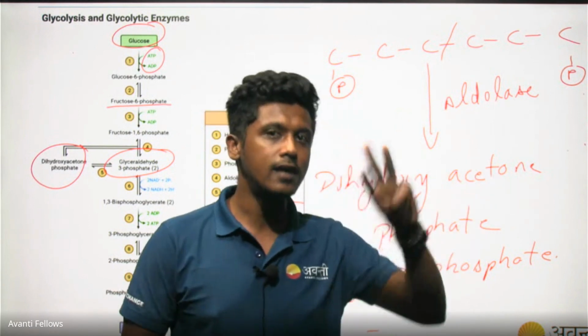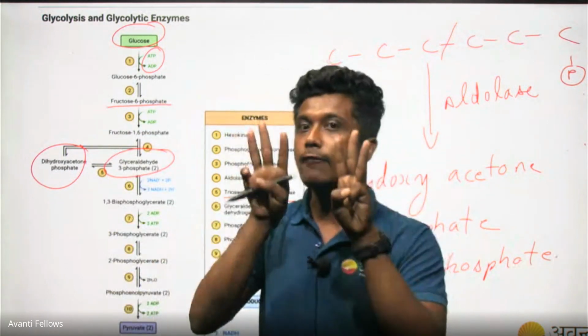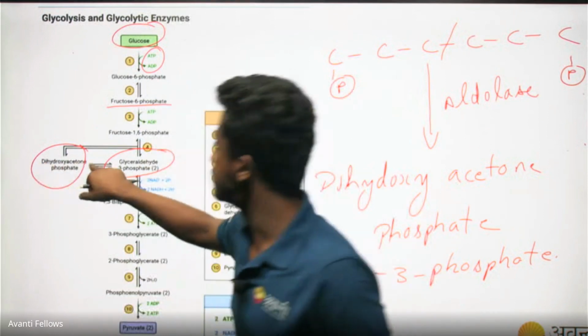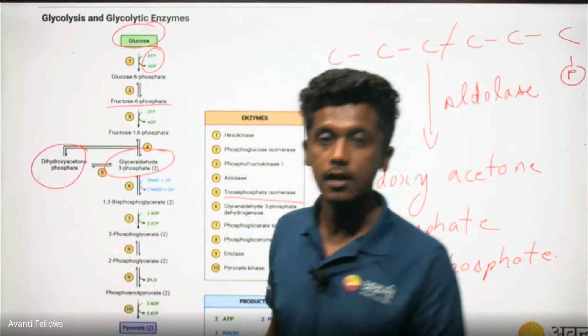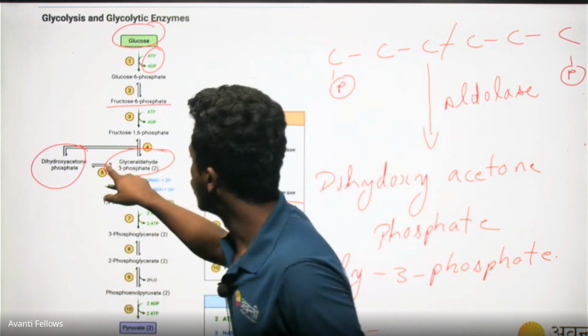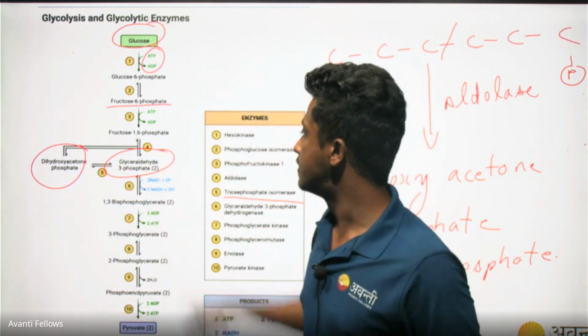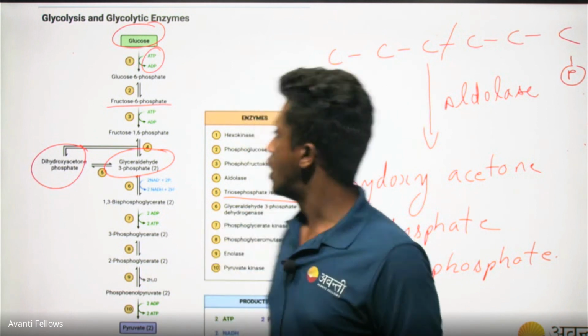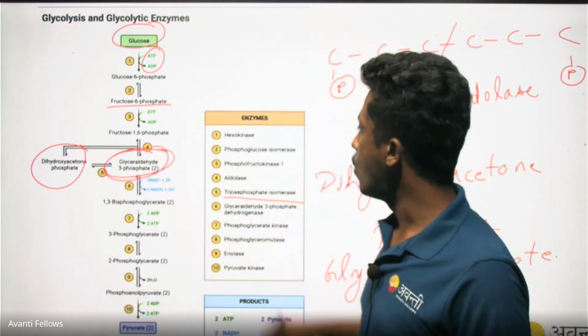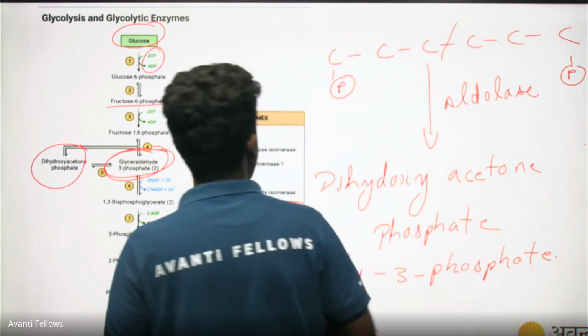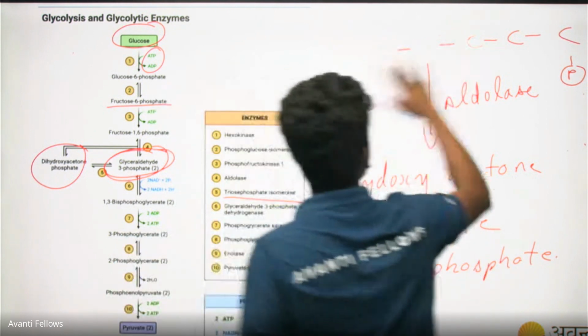So let's say we have two molecules of dihydroxyacetone phosphate. By isomerization, I will end up with two molecules of glyceraldehyde 3 phosphate. Understood?